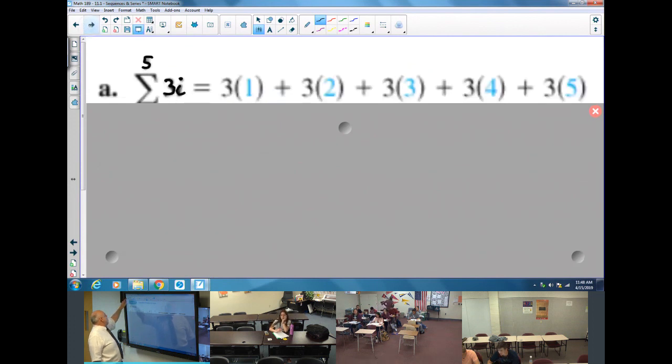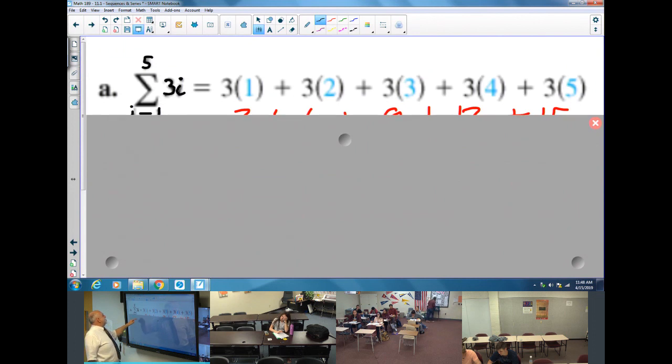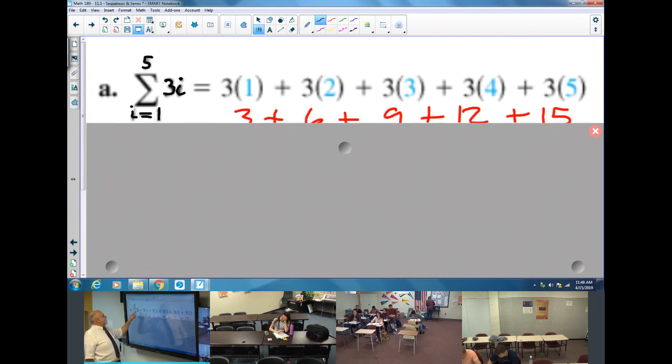So if we want to find the sum of 3i where i goes from 1 to 5, first you plug in 1 for i, so 3 times 1, then 3 times 2, 3 times 3, 3 times 4, and 3 times 5.